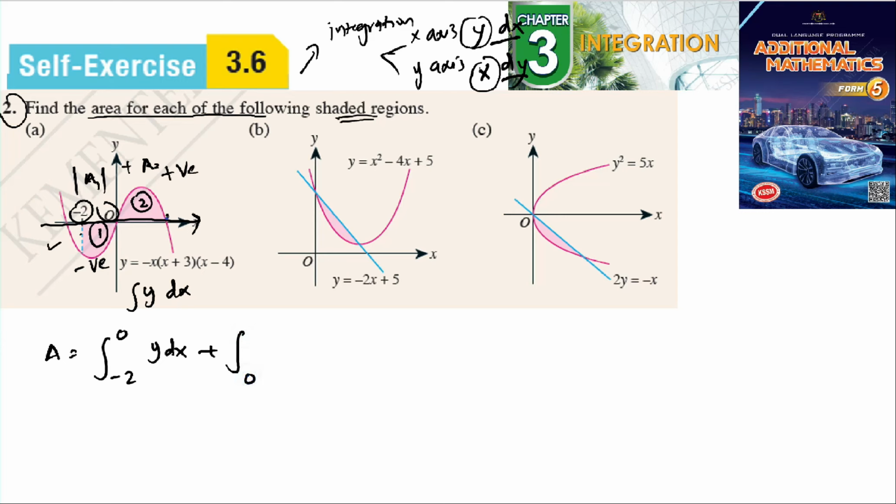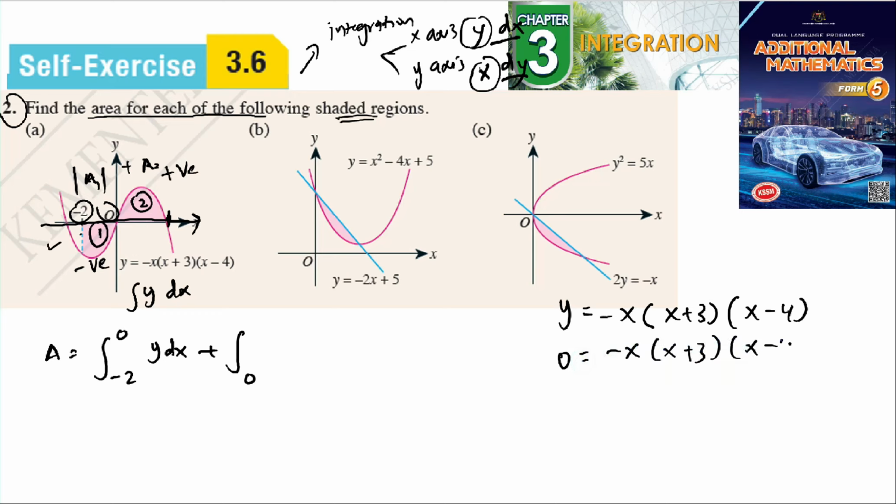we don't know what this point is, so we have to find out what this point is. So it's given that y is equal to negative x, x plus 3, x minus 4, right? So we know that at this line y is equal to 0, so we can substitute y is equal to 0. This one is negative x, x plus 3, x minus 4.